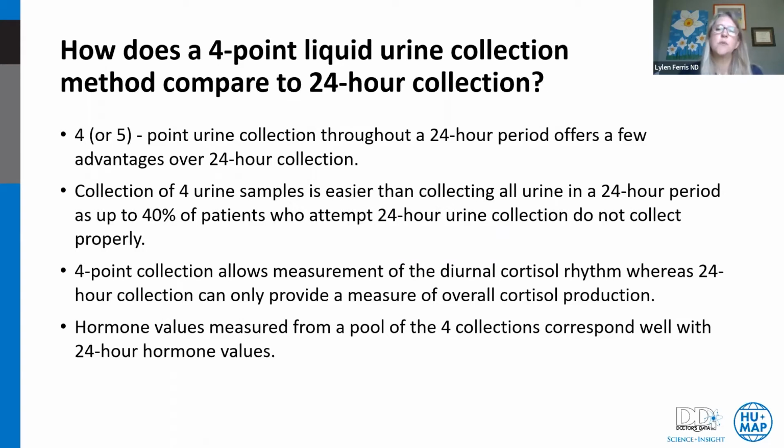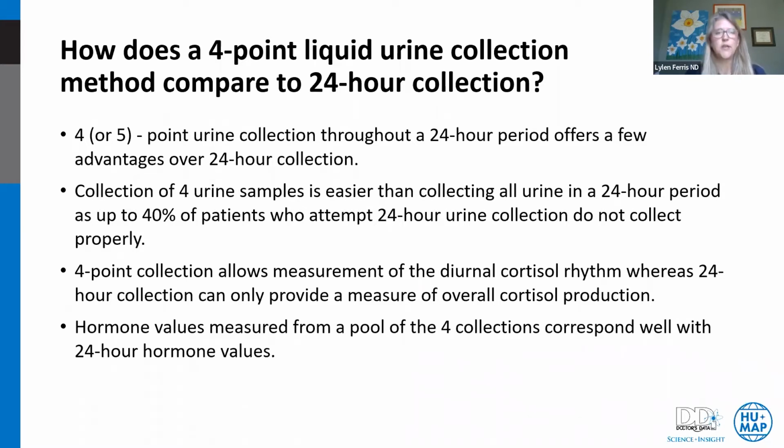24-hour collections have been considered the gold standard for urine testing, but they are cumbersome. A 4 to 5 point collection offers some advantages to a 24-hour collection. Generally, patients consider collection of 4 urine samples easier than collecting all of the urine in a 24-hour period.